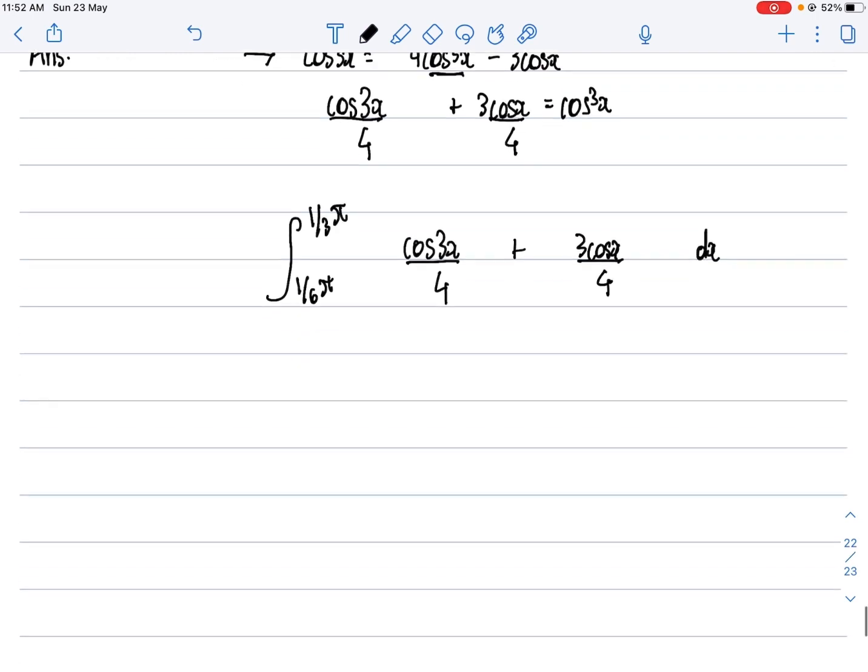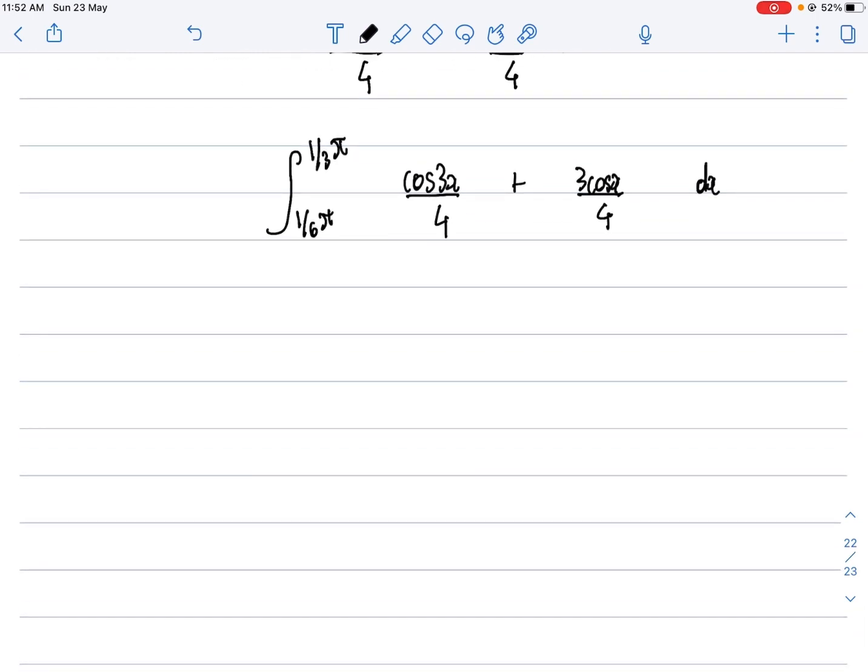Now what I can simply do is, I know the integration of cos is simply sine, correct? So I can write this as sin 3x over the pre-existing 4 which is here, multiplied by the coefficient of x which is 3, plus this is simply 3 sin x by 4, with the limits 1 over 3 pi and 1 over 6 pi.